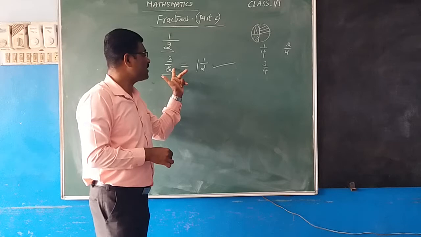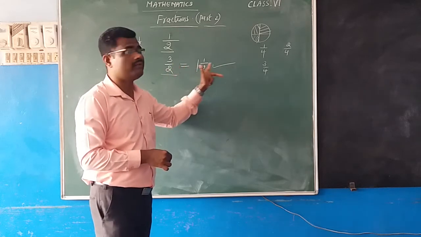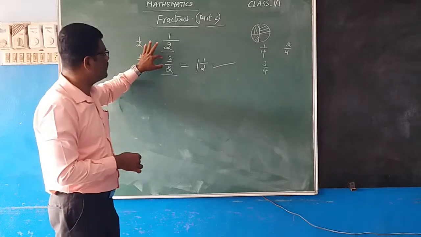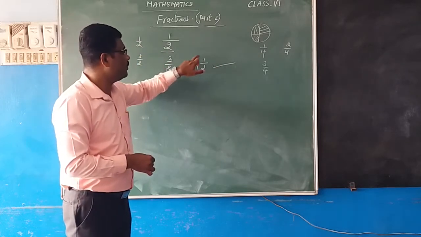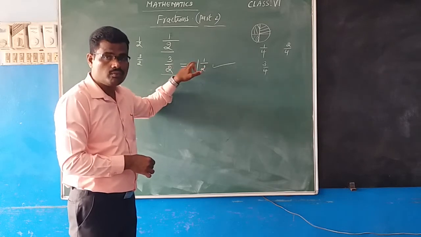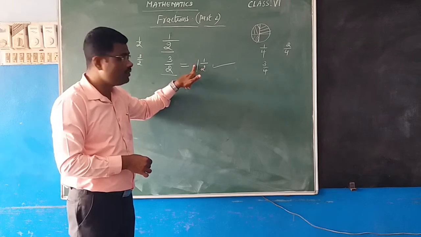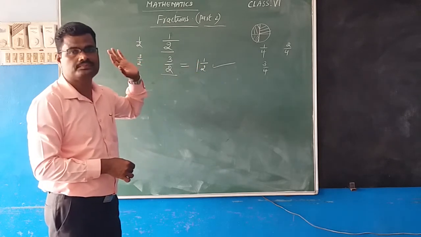So improper fractions and mixed fractions are the same, but we are writing them in different ways. Here the numerator is greater than the denominator. Here we are writing 1 1 by 2. How to read it? 1 integer 1 by 2. 1 full part and 1 by 2 is the fraction.